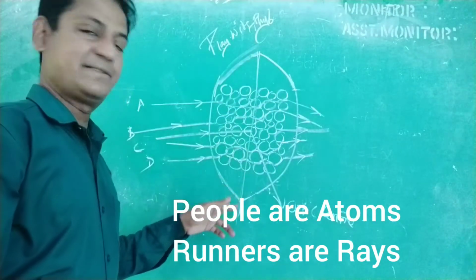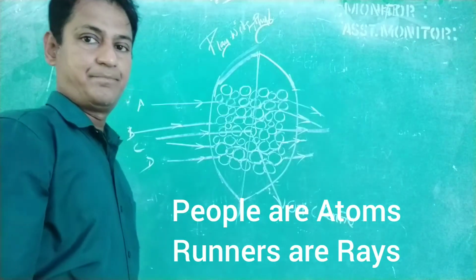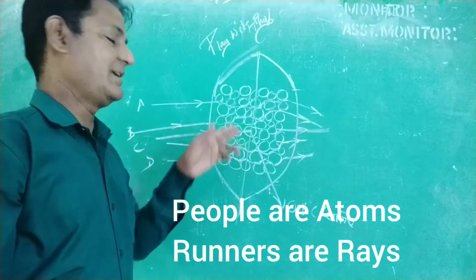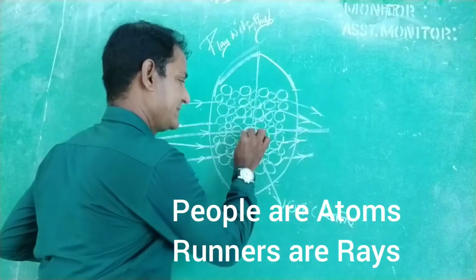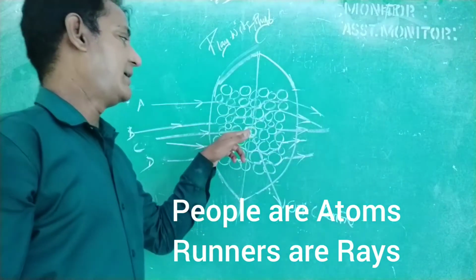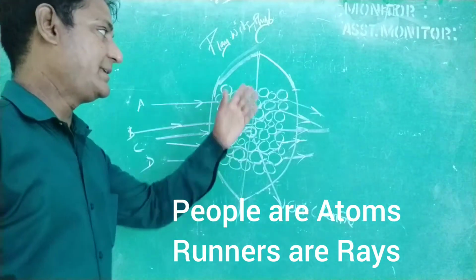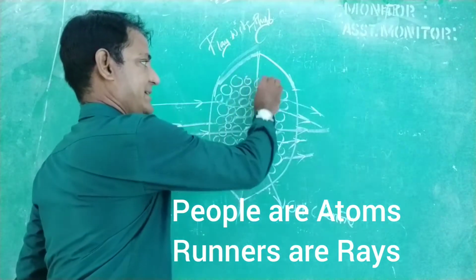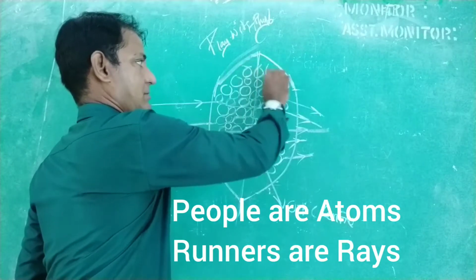The geometric center of that lens is called the optic center. That is the gap found at this point. Accordingly, the lens has been constructed.